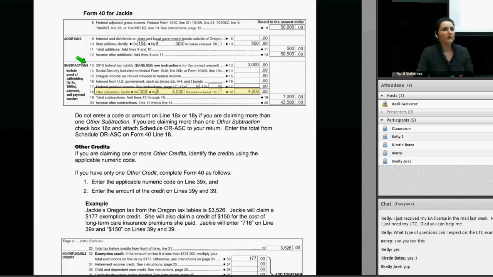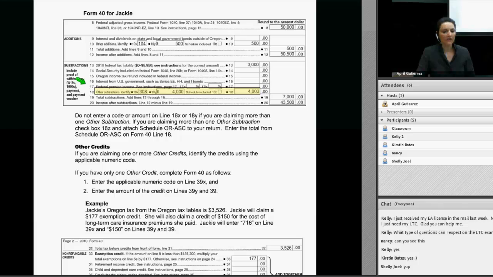For subtractions, there's space for more designated types of subtractions. So we have, for example, line 13, the 2010 federal tax liability. Line 14, Social Security included in Federal Form 1040. Line 15, Oregon income tax refund included in federal income. Line 16, interest from U.S. governments such as Series EE and HH and I bonds.